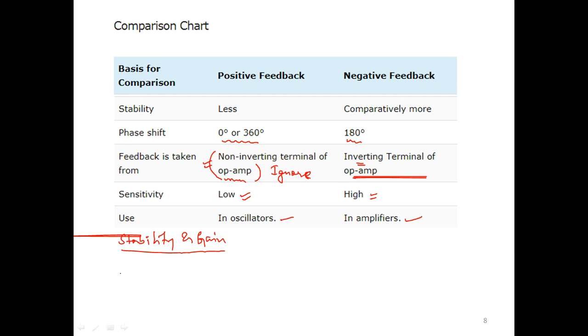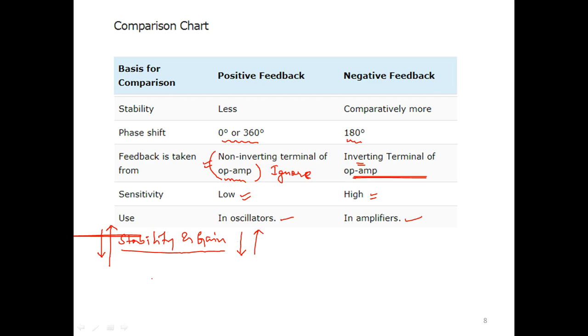That means if we want to improve the stability of a particular circuit, then its gain automatically reduces. If we want to reduce the stability of a circuit, then its gain automatically increases.